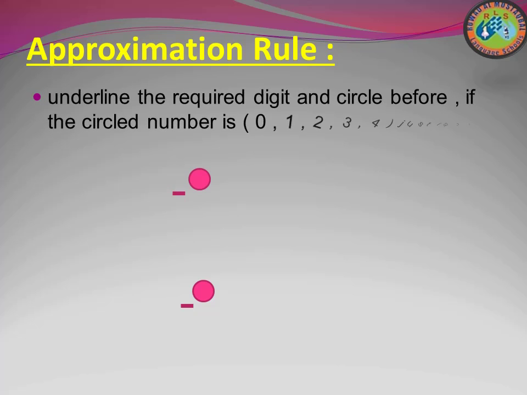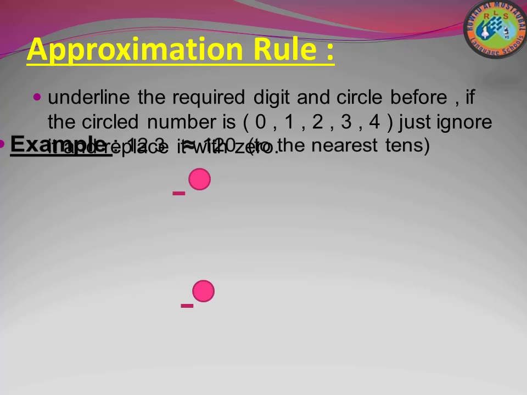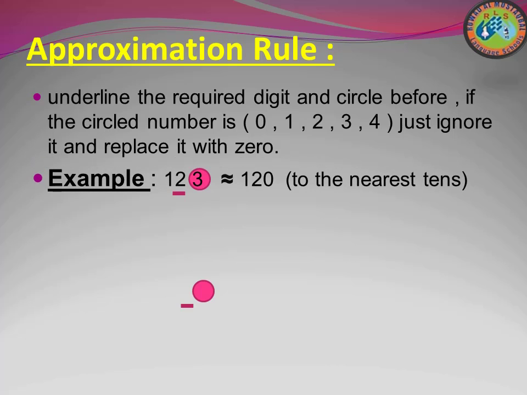Underline the required digit and circle the digit before. If the circled number is 0, 1, 2, 3 or 4, just ignore it and replace it with 0. For example, here I have a number and I just wanted to approximate it to the nearest tens.